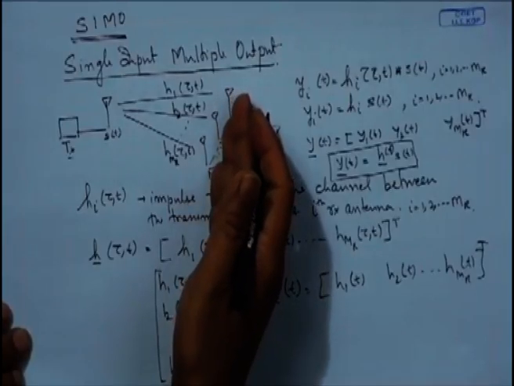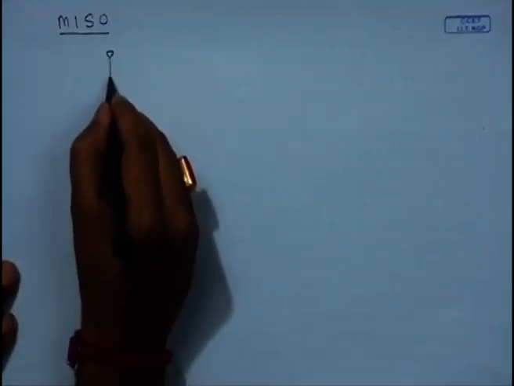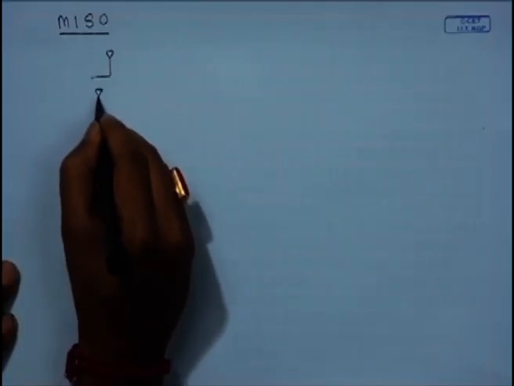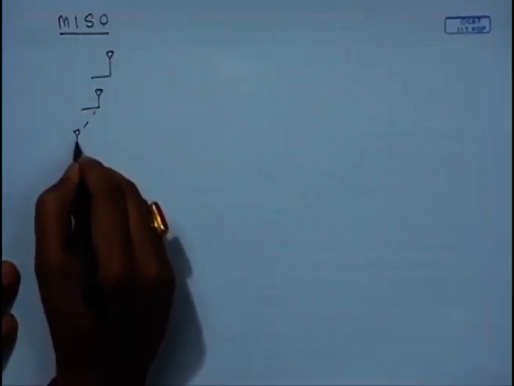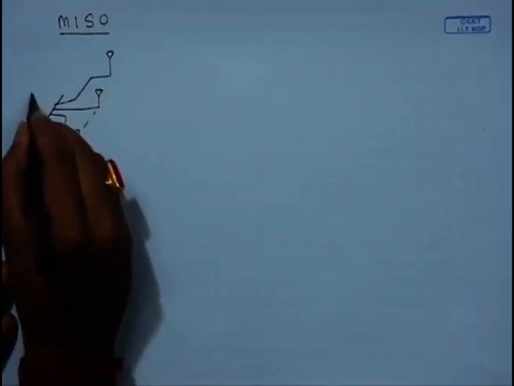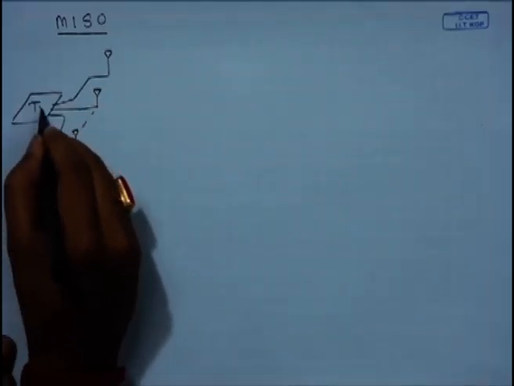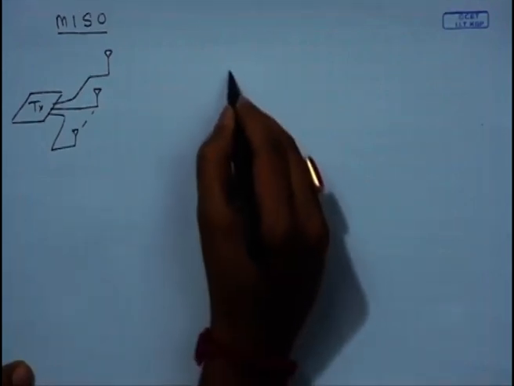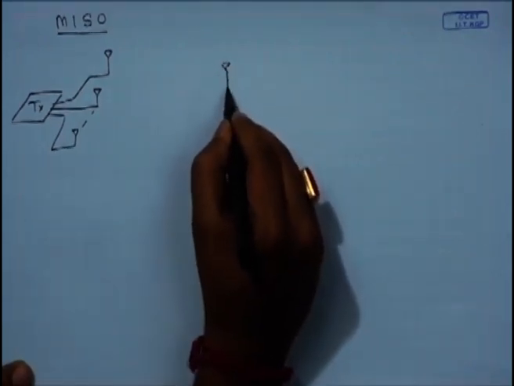So this is the typical single input multiple output channel. Next we move on to the multiple input single output, that means the reverse of this condition. If we take this condition, this becomes the transmitter, this becomes the receiver. So as if there are multiple transmit antennas and there is only one receive antenna.